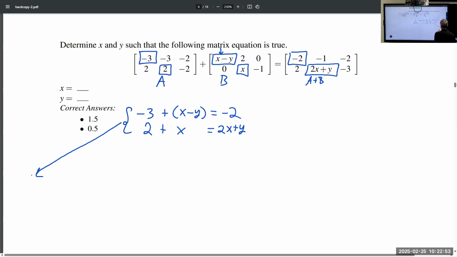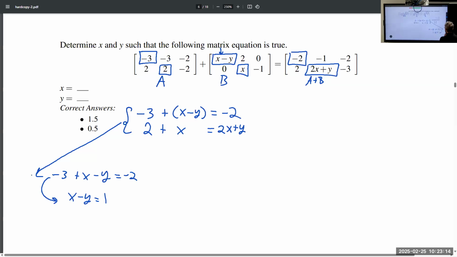So let's see, we have -3 plus x minus y equals -2. And I could rearrange that to be x minus y equals 1. That looks good to me.